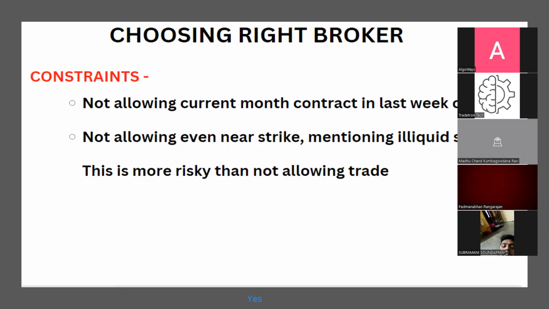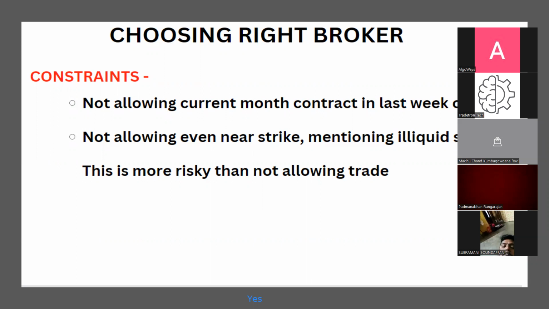Now, choosing a broker, I just mentioned, not allowing the current month contract in the last week. The second biggest risk with these brokers is that whenever you fire a trade through algo in CE and PE, they have their own criteria of defining a particular strike, whether it is liquid or illiquid. So suppose CE goes through and it executes.